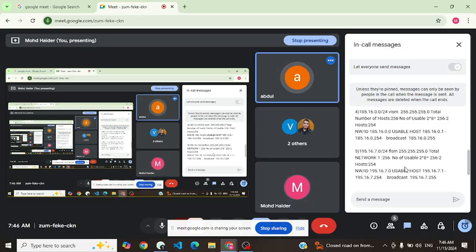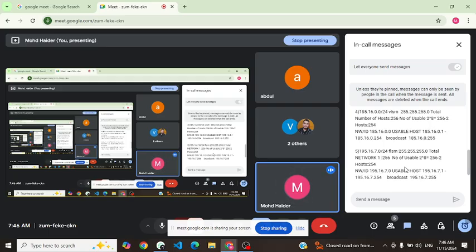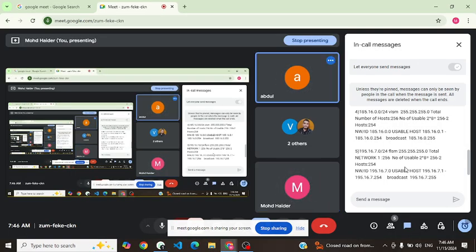So 24 minus 16, it will be 2 to the power 8. Yeah, that's what I wrote here. That was my calculation. You have written the total number of hosts, not the number of networks.